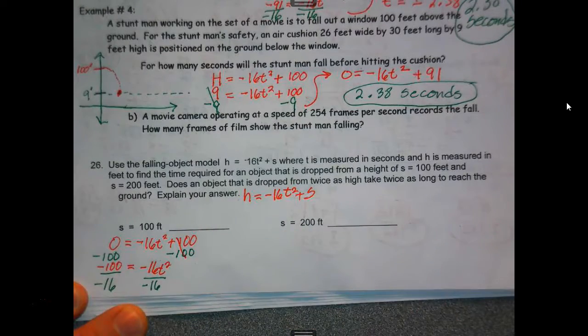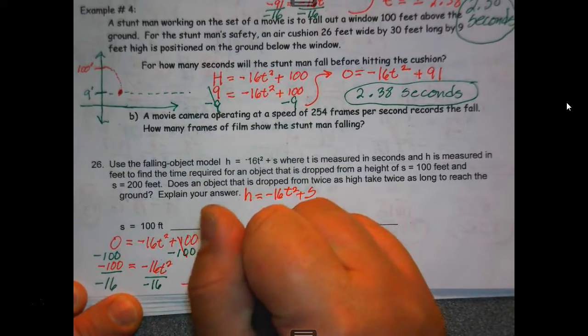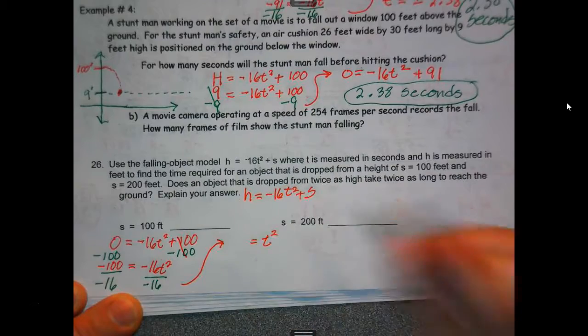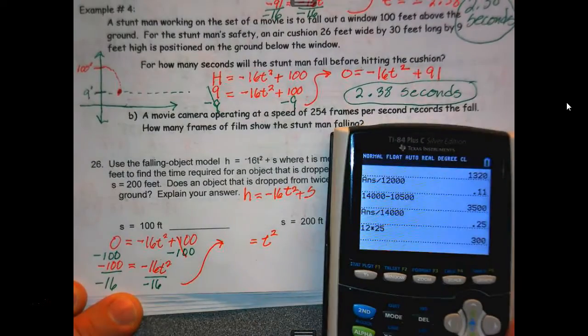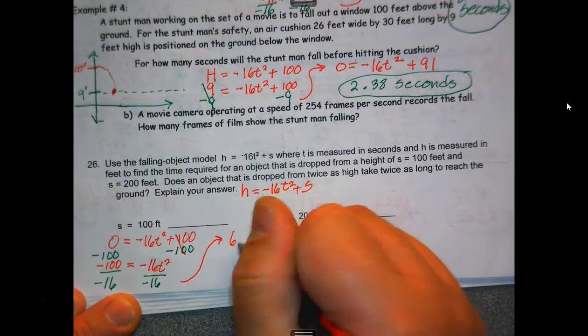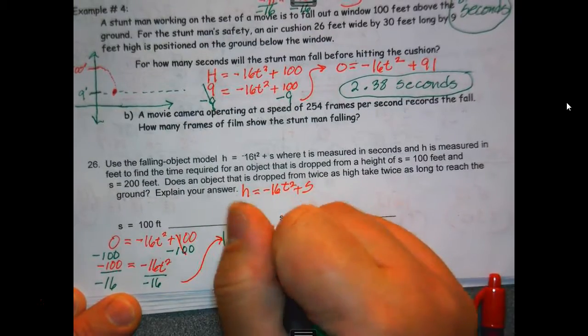And I get, what's negative 100 divided by negative 16? Geez, you guys are slow. 6.25. I have to square root both sides.